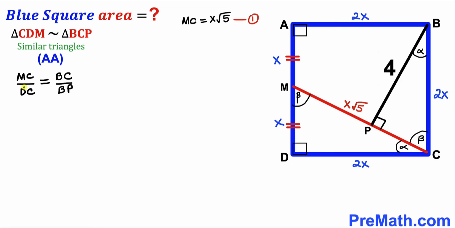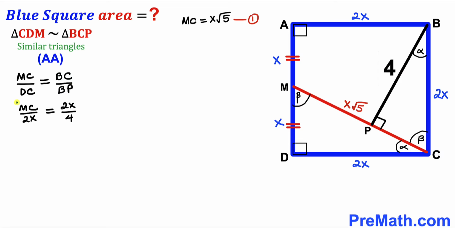Now we can see this DC length is 2x, and likewise this BC length is 2x as well. And finally this BP length is 4 units, so I'm going to replace it by 4.